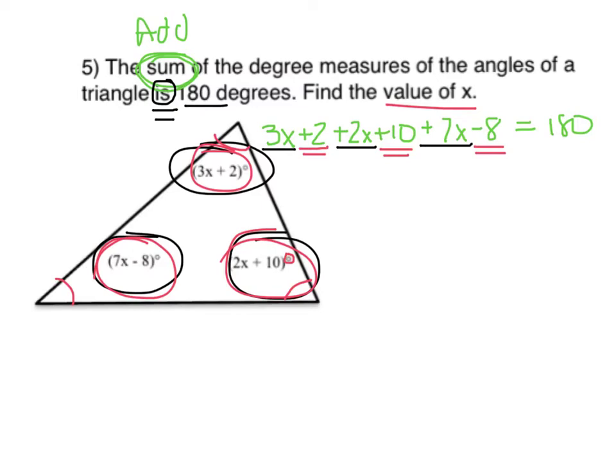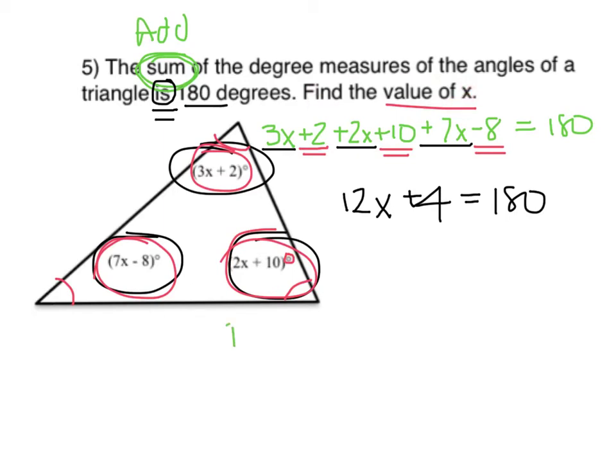So x is all combined, and that gives me 3x plus 2x plus 7x is 12x. And then 2 plus 10 is 12, and 12 plus a negative 8 is positive 4 equals 180 degrees. Notice the question specifically does ask us to solve and find the value of x, which we know to do.